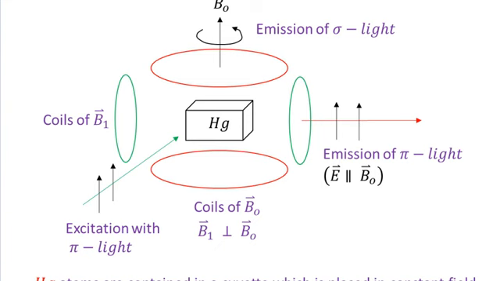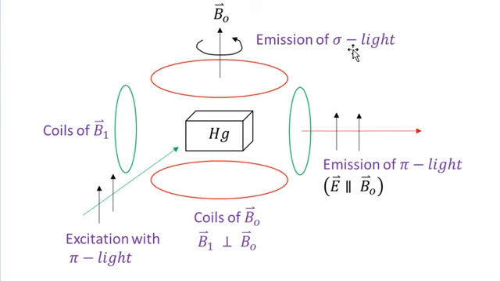You see that in this diagram, I have also shown the emission of sigma light. And you know that sigma light is a circularly polarized light when observed from the direction of the B naught, that is, along the direction of B naught you have this electric field.